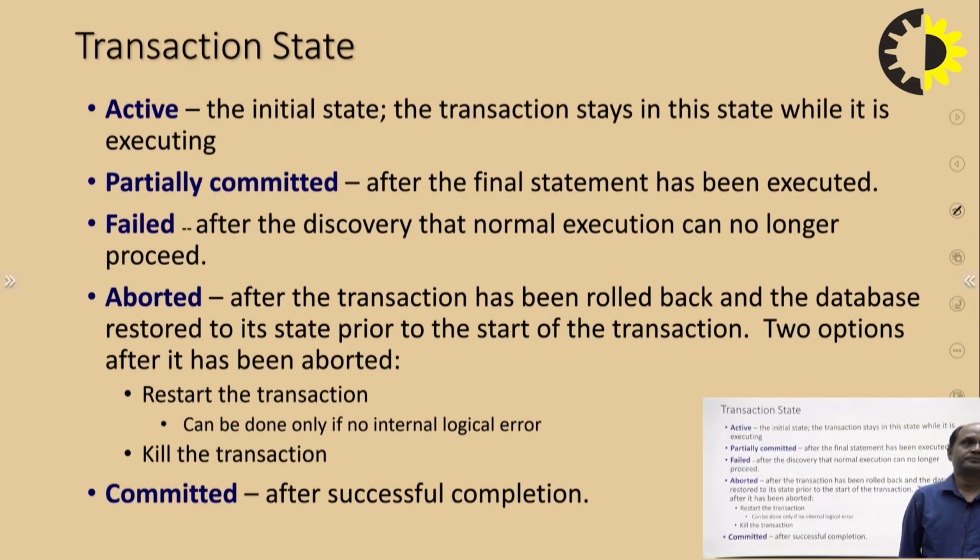This is the transaction state. What do we mean by transaction state? A transaction is a particular execution of a program that is executed from one state to another state.